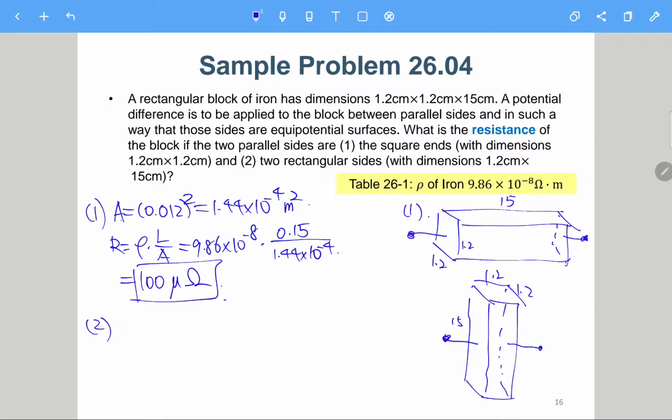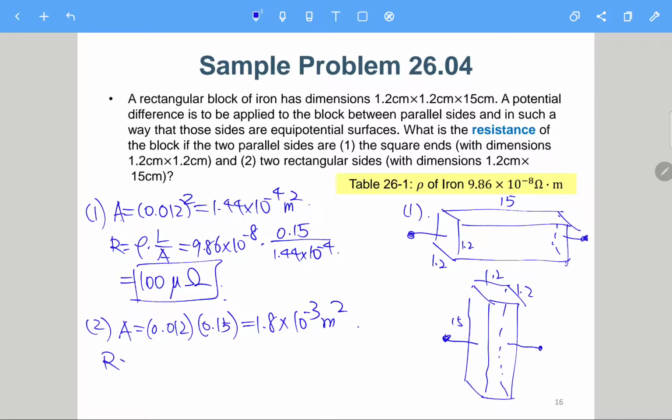In this case, the cross section will be 0.012 times 0.15. Of course, this cross section is much larger. So the cross section is 1.8 times 10 to the minus 3rd power meter squared.